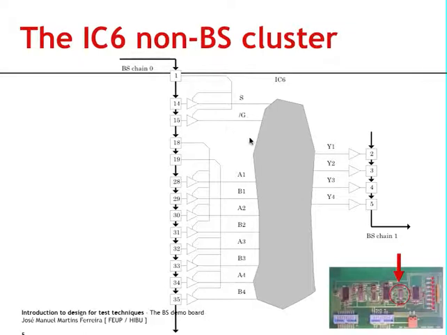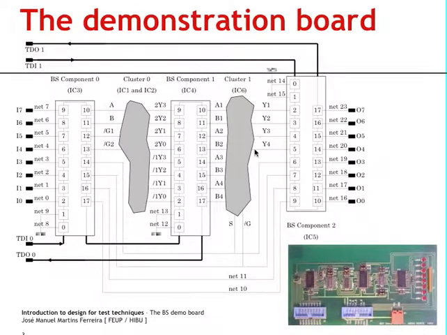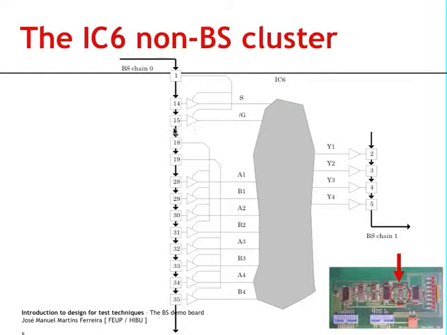So if we wish to carry out an exhaustive test, this will mean 1024 test vectors, and this will, of course, take longer. Now, we also have to take into account that actually, in this case, if we go back, you will see that this cluster is driven from pins that come, in most cases, from this second boundary scan IC, but these two control signals come from the first device, and this is what is represented here.